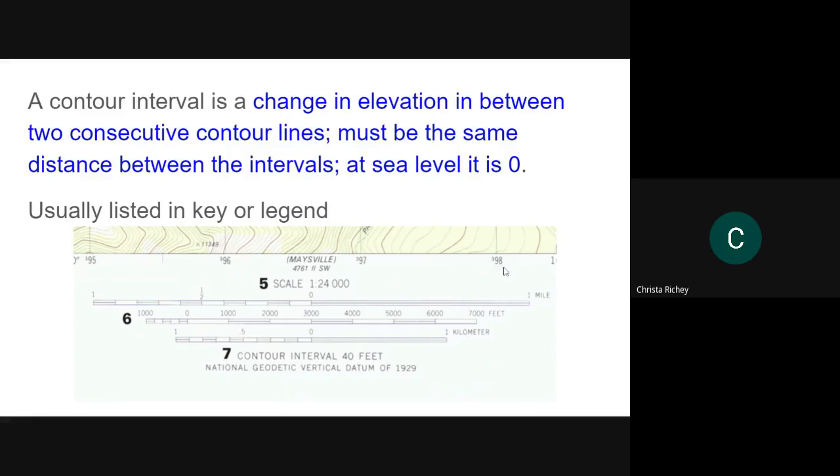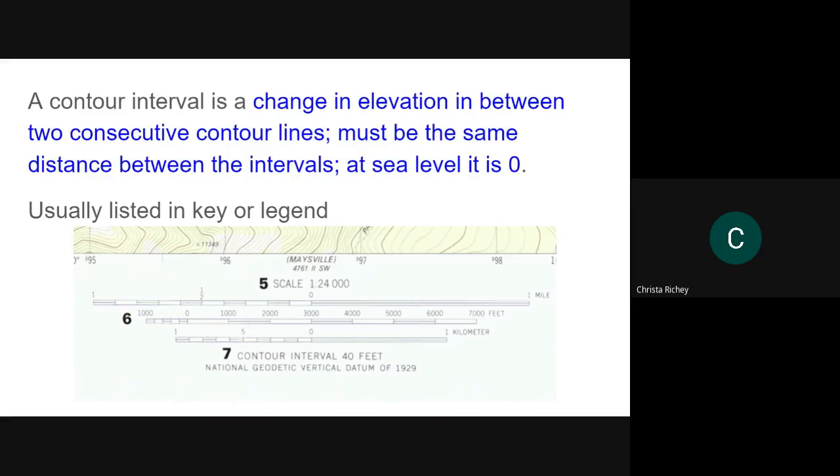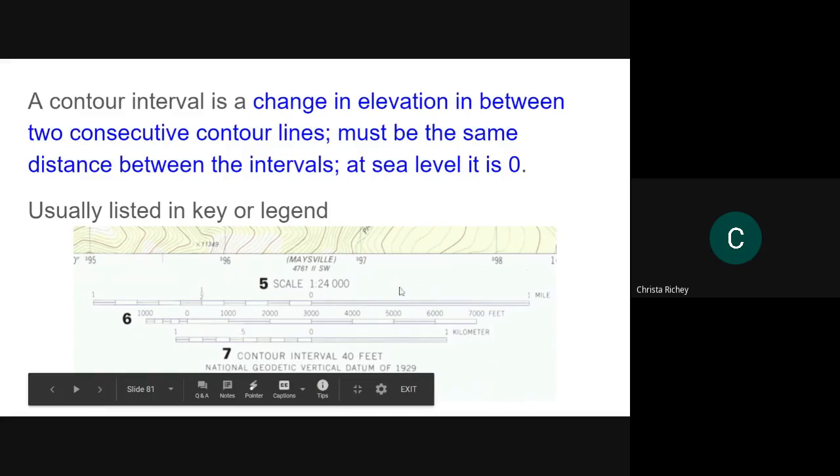Now, sometimes they give you your interval on the map. In this case, it says your interval is 40 feet between each line. You're either going up or down 40 feet in elevation, depending on which direction you're going. We're going to come back and look at this because it shows three different types of scales. It shows you a ratio. It shows you a bar scale. It doesn't tell you a verbal scale.